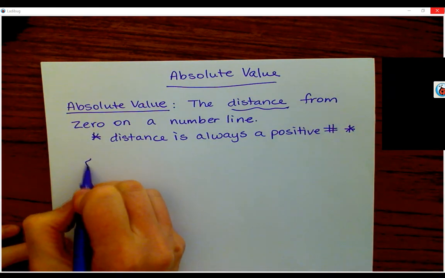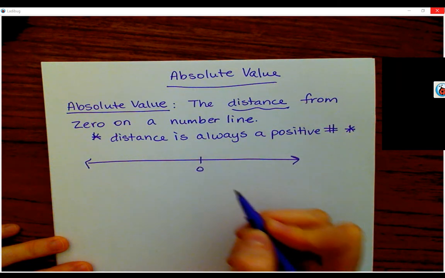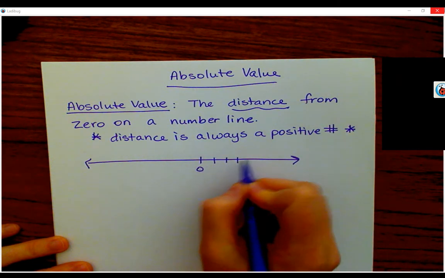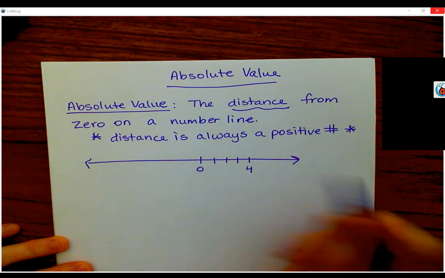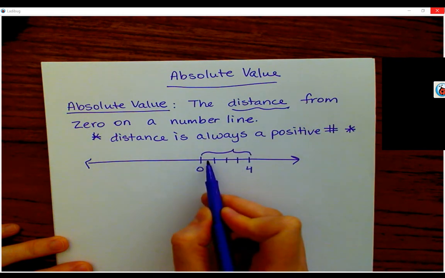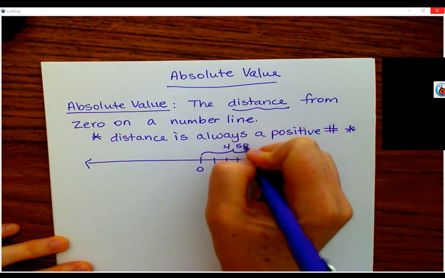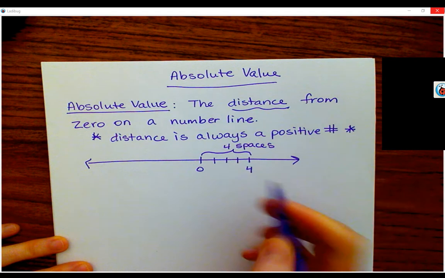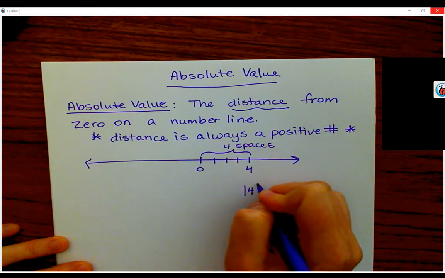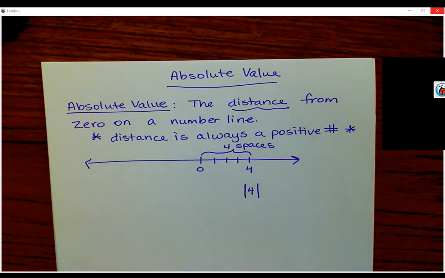So on a number line, let's look at a couple examples. Here's 0. Say I have the number 4. The distance between 0 and 4 is 1, 2, 3, 4 spaces. So the absolute value of 4, and this is what these are called, absolute value bars.